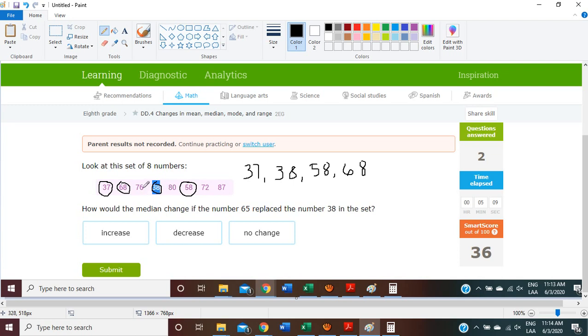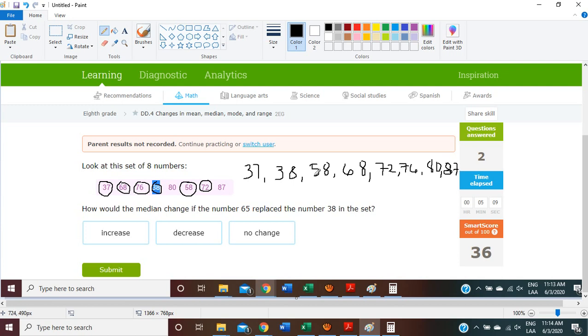The next number is 72. And then 76. And then 80, and then 87. Okay, well, it is an 87.